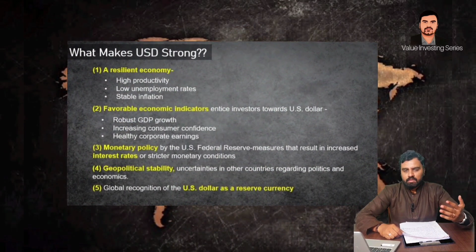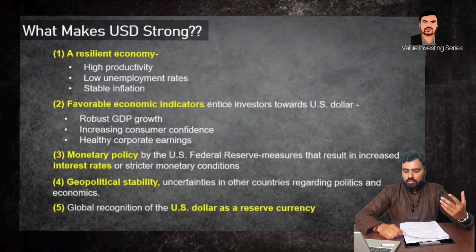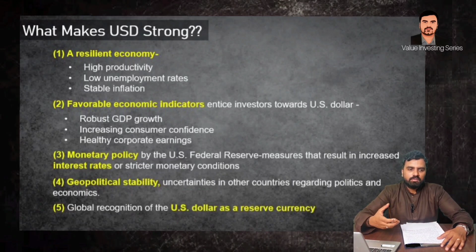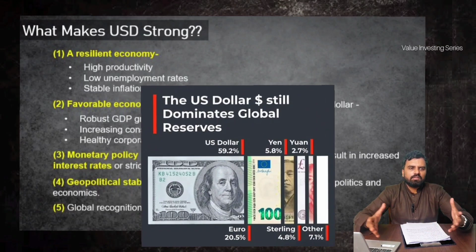If we have a fundamentally strong economy, like I told in the last session, a resilient economy, high productivity, low unemployment rate, stable inflation, favorable economic conditions like robust GDP, increasing consumer confidence, then healthy corporate earnings for various companies, then good monetary policies wherein interest rates are high, then there is huge cash flow or money flow from foreign investors, then geopolitical stability, where there are not many economic or political uncertainties in the country, and also a good reserve, say in the case of the US, US reserves held by various countries worldwide.